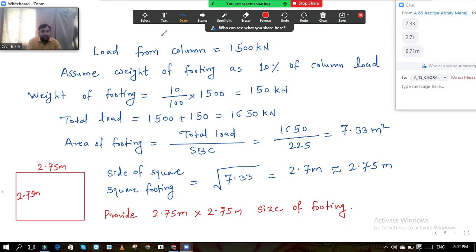Okay, what is the area of the footing provided? Area provided is 2.75 by 2.75. How much area we have provided?